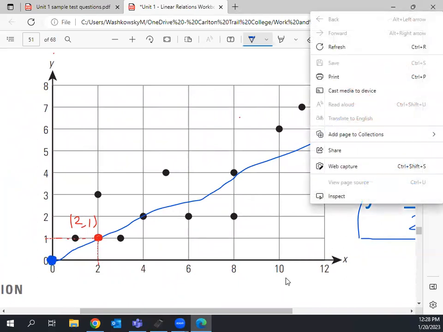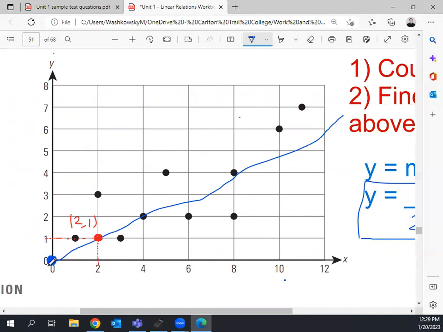Oh, well, that's the slope, which we'll get to, but I'm talking about the y-intercept right now. So this line crosses the axis right here. Oh, this blue dot, this is where it crosses. It'd be 0, wouldn't it? It starts here, but that's also where it crosses it. Yeah, so in this case, it'd be 0.